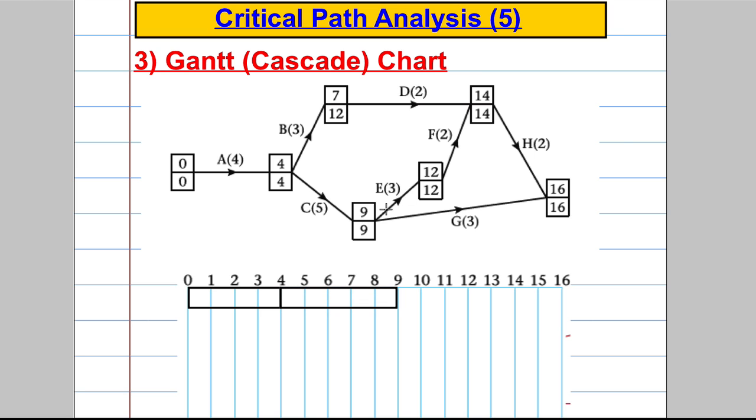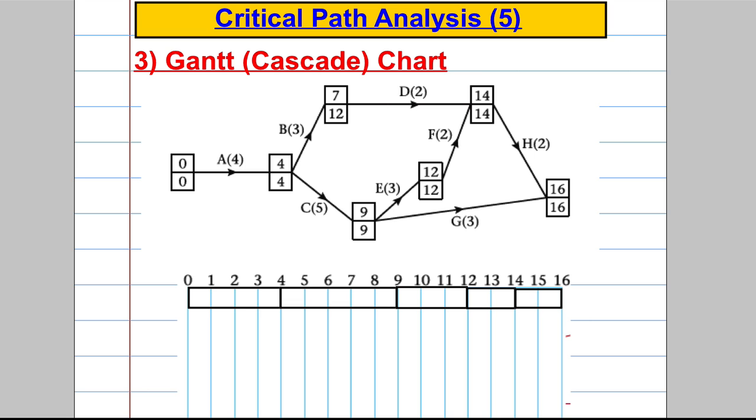That's C. Here you leave at 9, get here at 12 and have to leave here at 12, and it's 3 long. Another critical activity like that. Here you get here at 12, leave here at 12, it's 2 long, so you must leave here by 14, so that's another critical one. And here's our final critical one as follows.